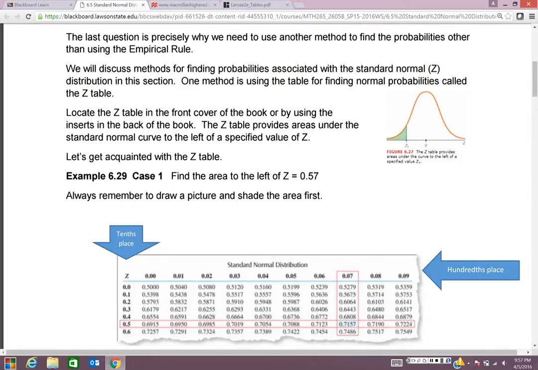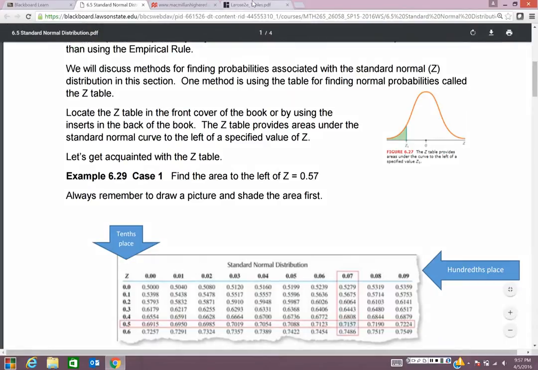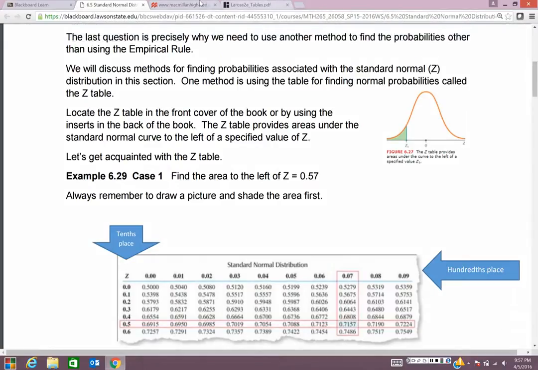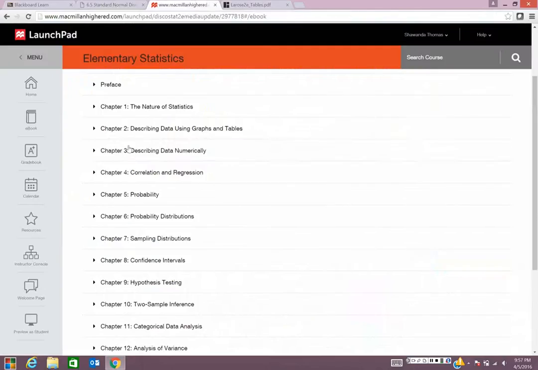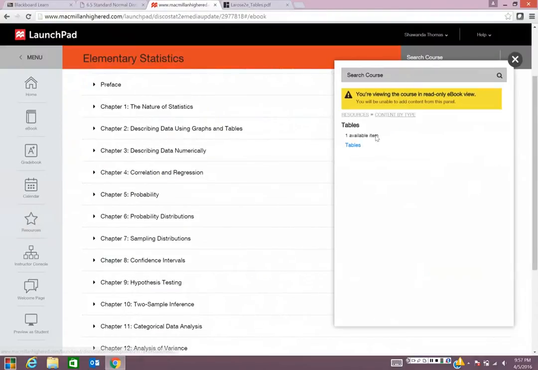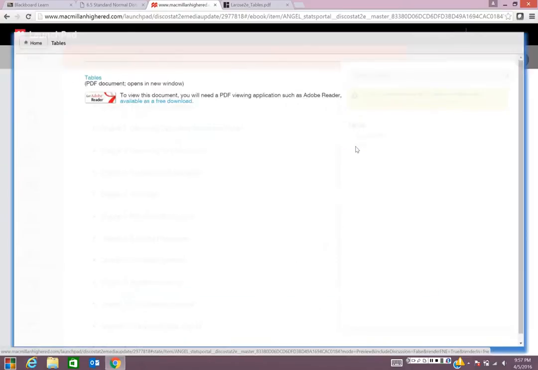Now, let's say you don't have a textbook, but you have looked up a z table, or you found the section in Launchpad where it has resources. Now, if you go to resources, you should see tables, right?